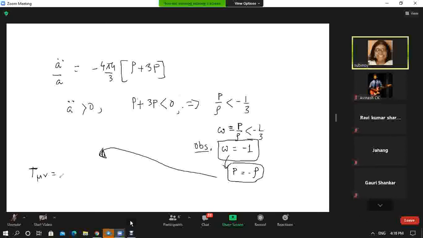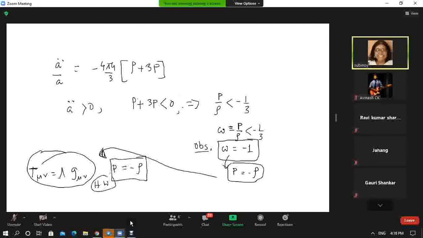T mu nu is lambda times g mu nu. If you have a T mu nu like this, then find out that p equals minus rho. That is your homework. Is the homework clear? For a cosmological constant T mu nu like this, show that p equals minus rho.